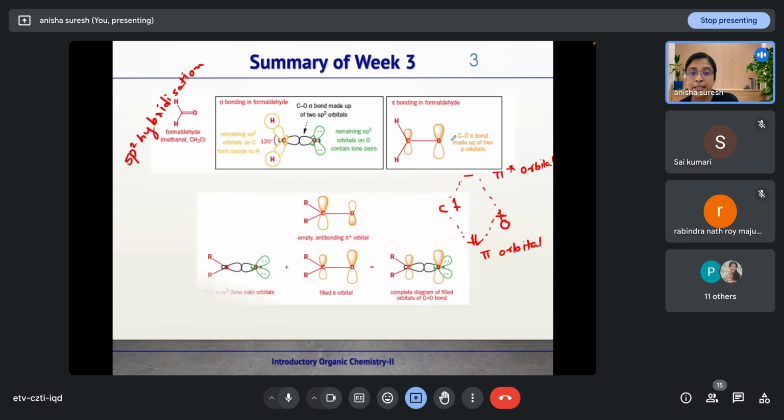Now coming to the anti-bonding orbital, it has more contribution from carbon, so here the carbon orbital is bigger compared to that of the oxygen. So this is the filled pi orbital, and this is the empty pi star orbital, and we have seen this is the filled sigma sp2 orbitals. So it will result in the formation of the C double bond O bond. Clear? Hybridization and all.